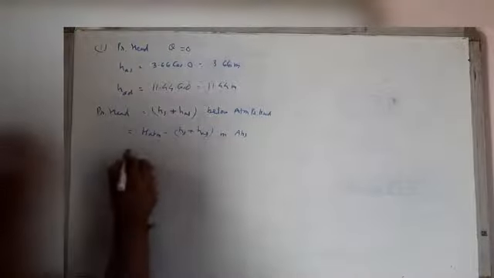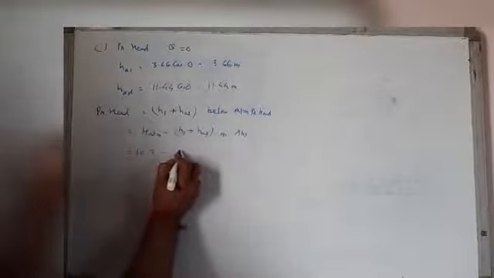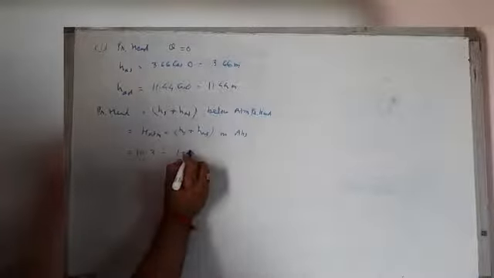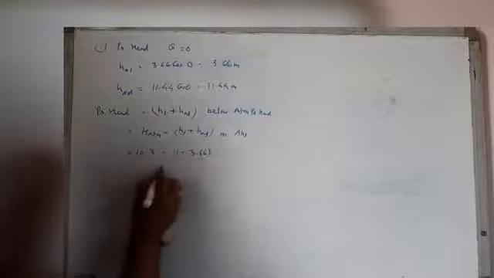So putting the values, this is 10.3 minus, HS is 4 and HAS is 3.66.